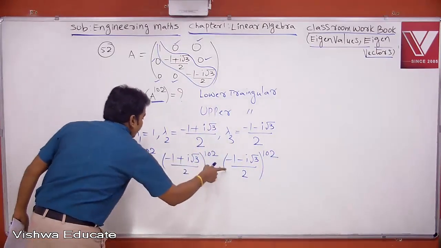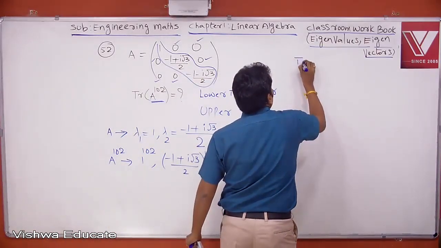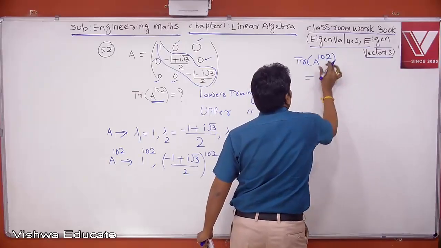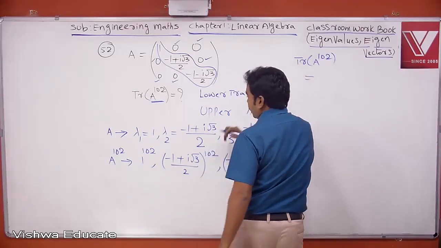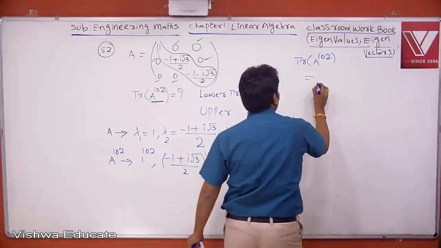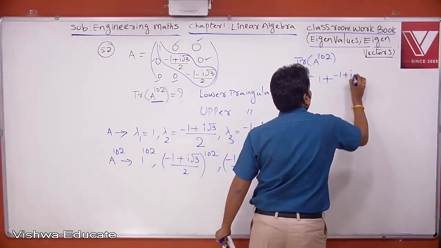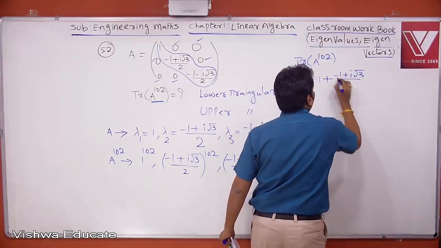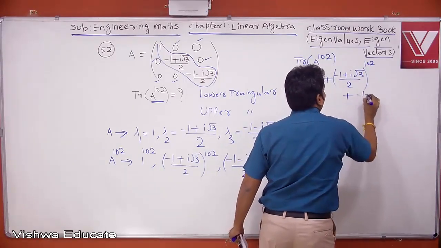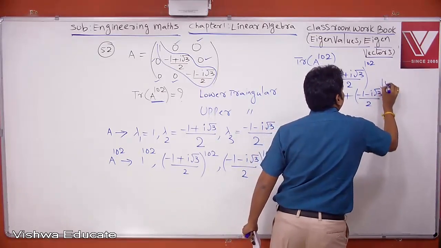The trace of a matrix is the sum of its eigenvalues. Adding all these, 1 power 102 is 1, so we get 1 plus minus 1 plus i root 3 by 2 whole power 102 plus minus 1 minus i root 3 by 2 whole power 102.